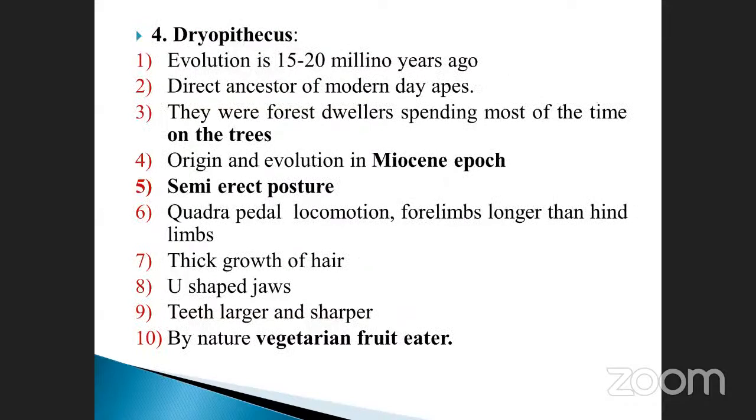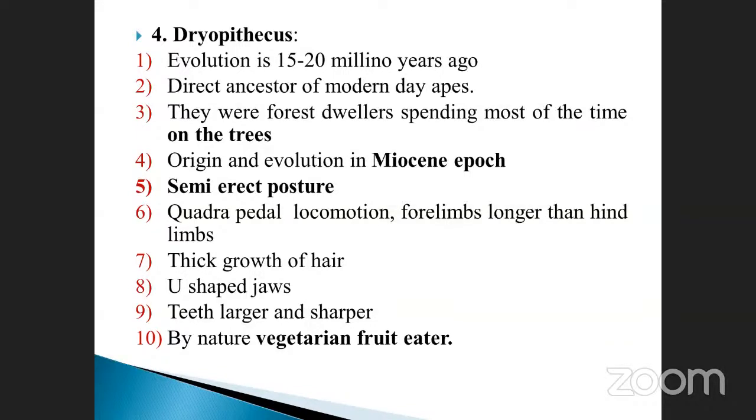Okay. And then the 4th one is called Dryopithecus. This is very, very important. The evolution was 15 to 20 million years ago, the direct ancestor of modern-day apes. Okay, the modern-day apes also come from where, which year, how many years? 15 to 20 million years ago. They were forest dwellers, spending most of their time on trees only.